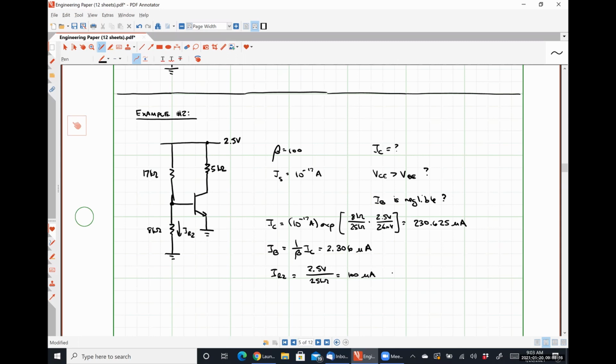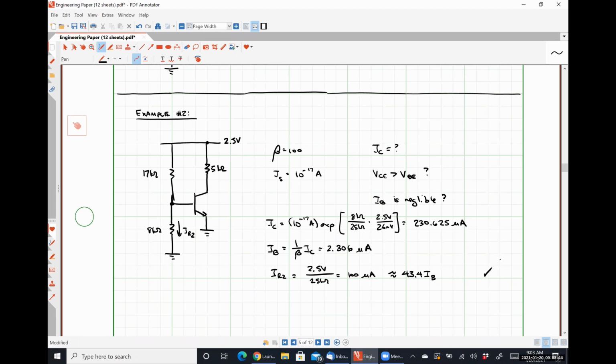So this is approximately 43.4 times our base current, or another way we could do 2.306 divided by 100 is 2.3%, right? So it is definitely what we would consider negligible with that 5% threshold. So that guy checks out.